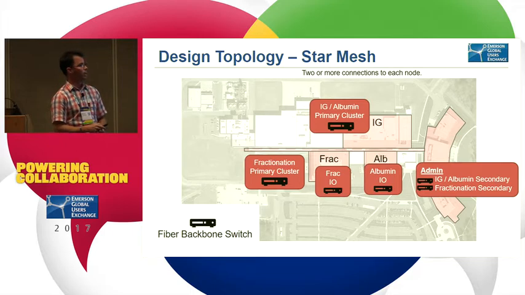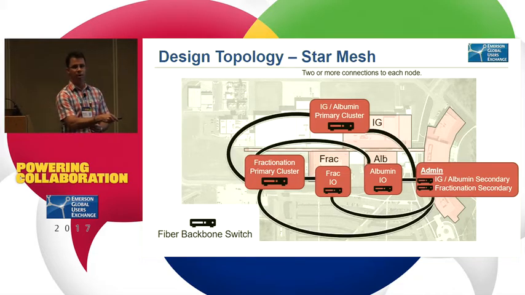But for redundancy purposes, we decided that our secondary DeltaV network is going to land here on the fractionation building. Our primary control network will land on the administrative building. So if for some reason we lost the fractionation building MDF, we have the primary network running, and vice versa.